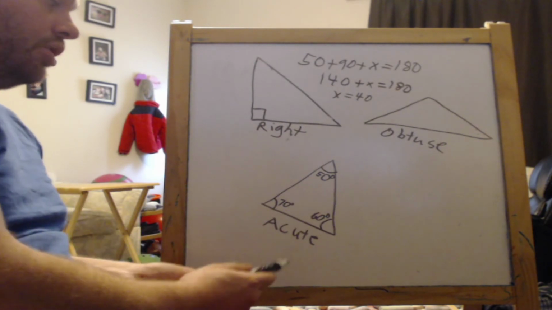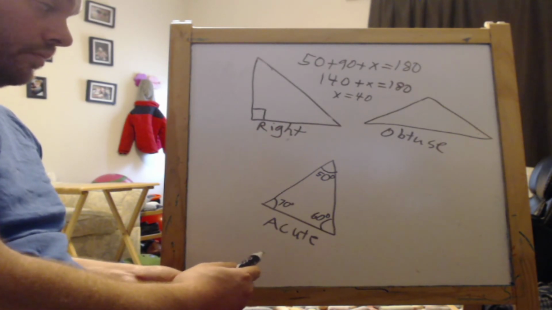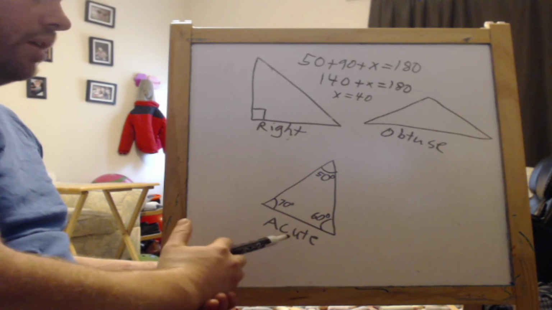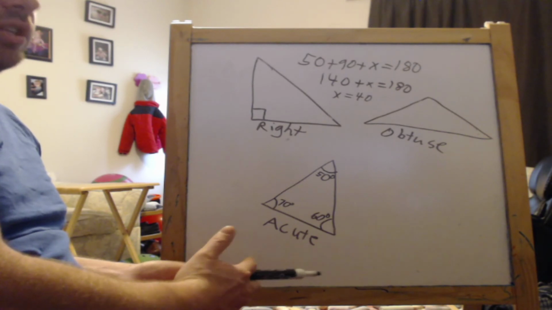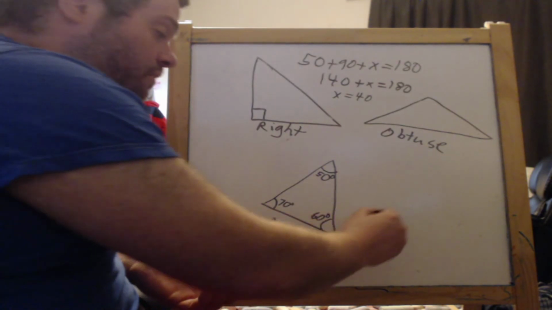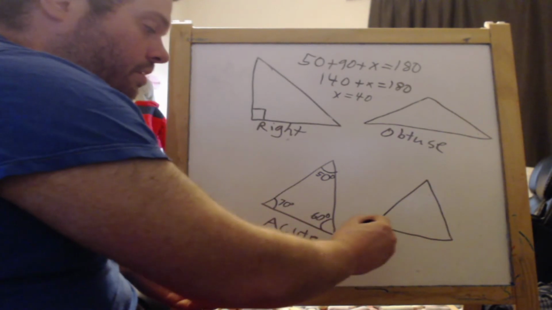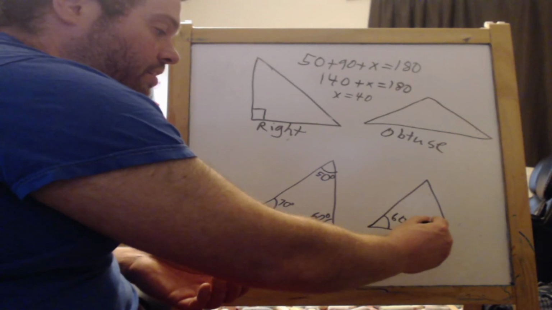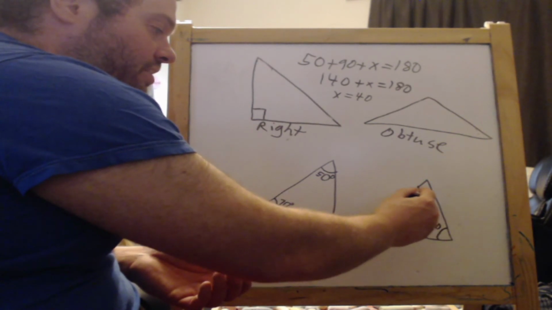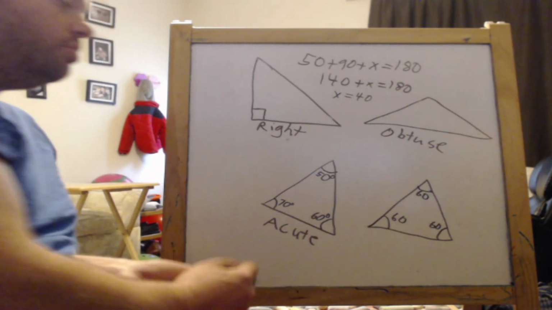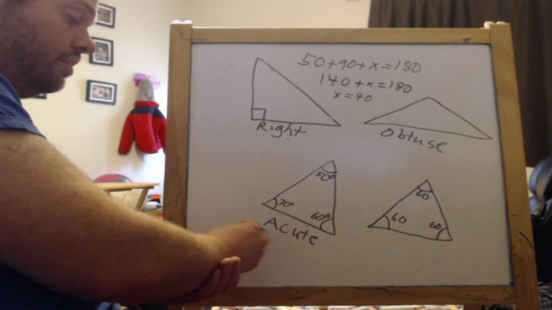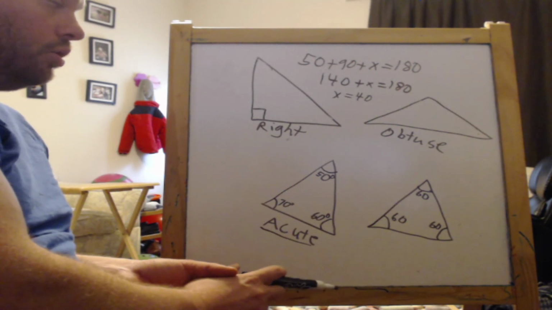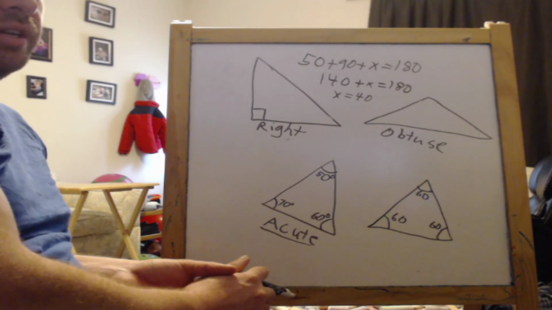So this would be an acute triangle. Now an equilateral is a type of triangle where all of the sides are the same length, and the vertices would also be the same, and they would all be 60. Okay, and that is, an equilateral is an acute triangle, because none of the vertices are greater or equal to 90.